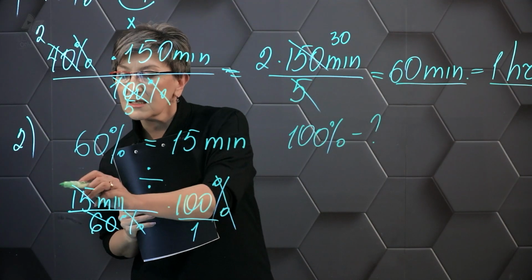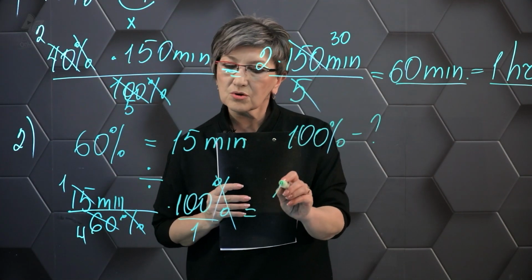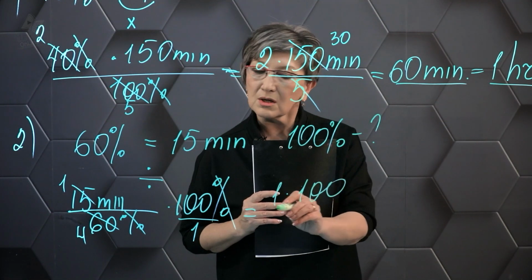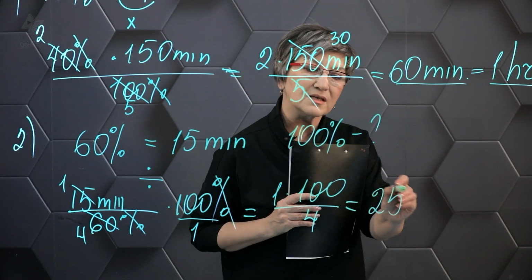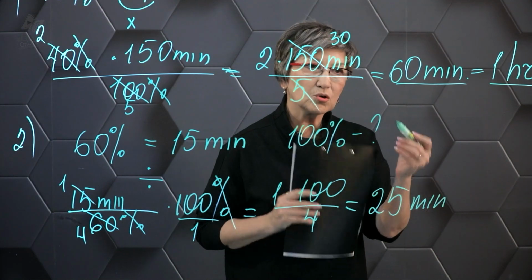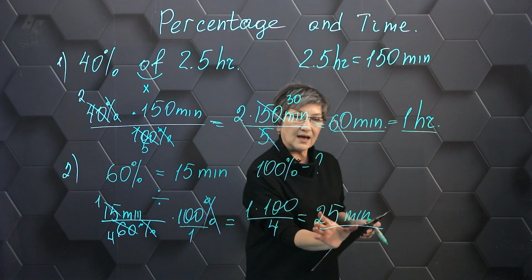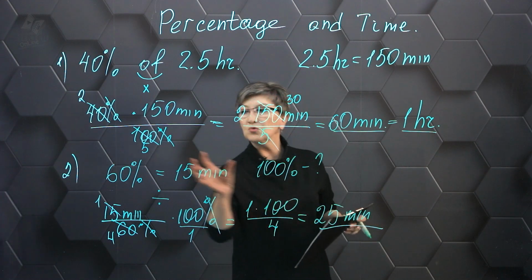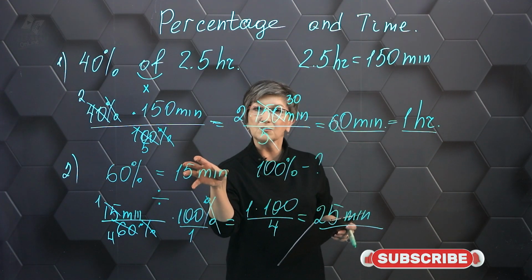Here it will be 1, and here it will be 4. And then I have 1 multiplied by 100 and divided by 4. And 100 divided by 4, that would be 25 minutes. So, in this problem, if I take 60% of 25 minutes, that equals 15 minutes. And we had to do the opposite.